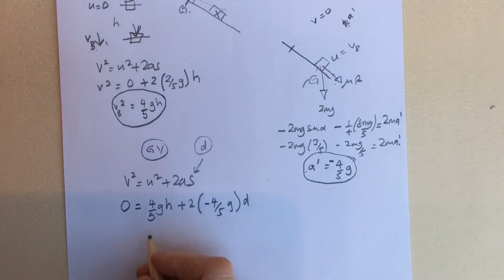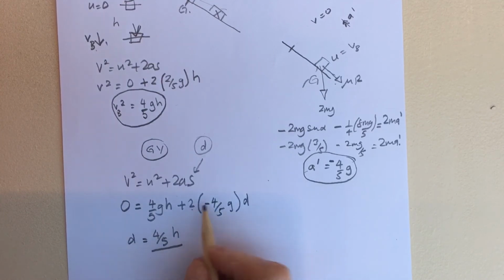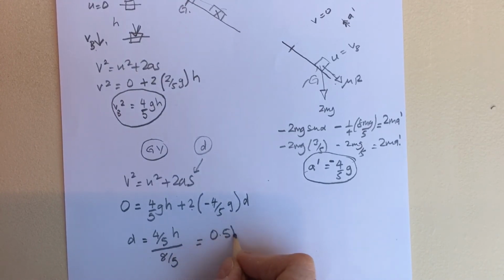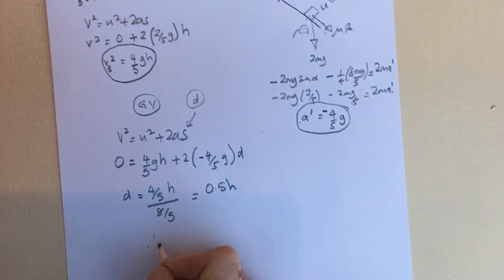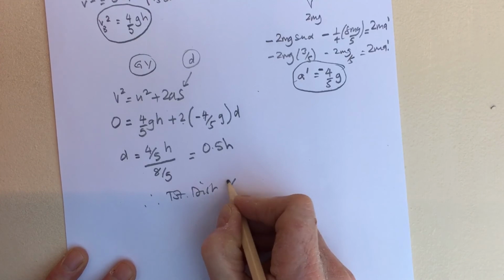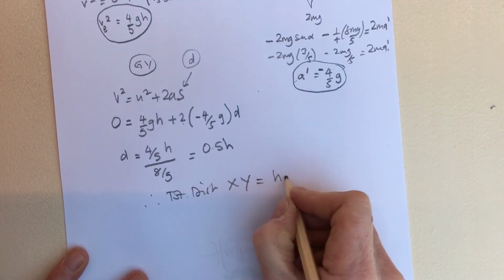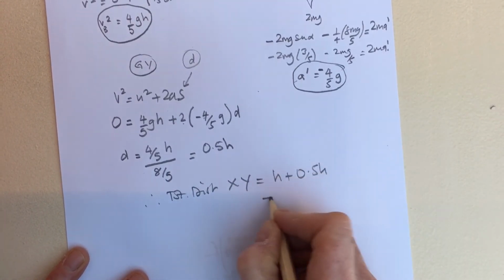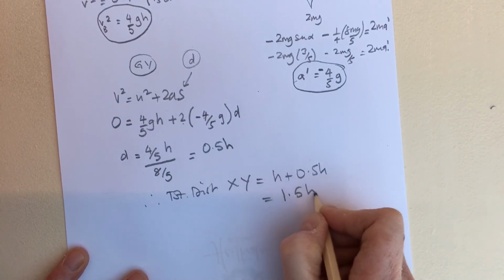So my distance d is going to be 4/5, g's cancel, h divided by 8/5, which is equal to 0.5 h. So therefore, the total distance XY is going to equal h plus 0.5 h, which is 1.5 h.